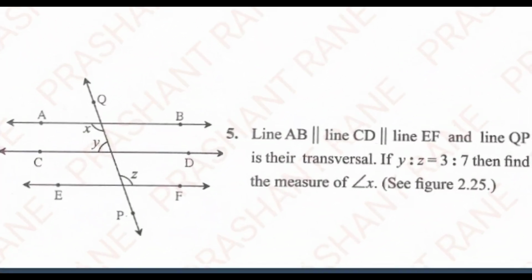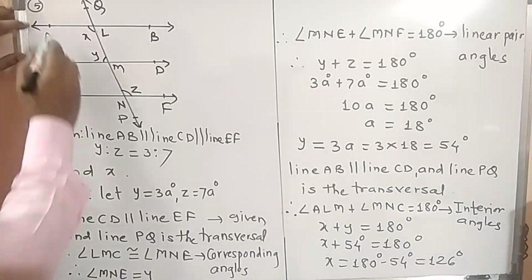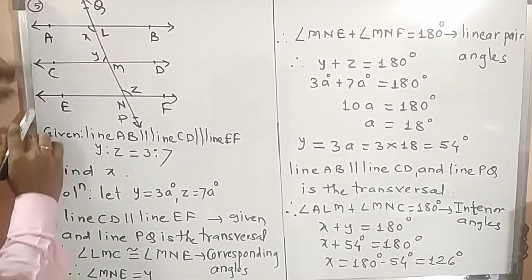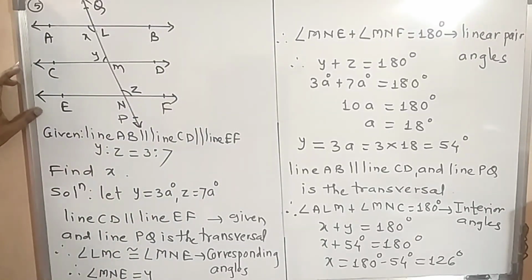Number 5, line AB is parallel to line CD and parallel to line EF. Line QP is their transversal. If y is to z is 3:7, find the measure of angle X. Here line AB is parallel to line CD is parallel to line EF. This is given.